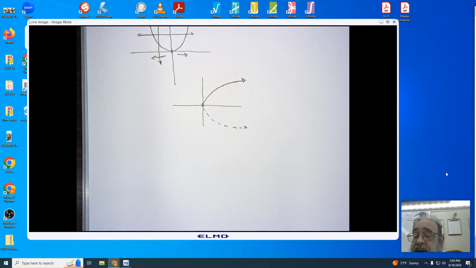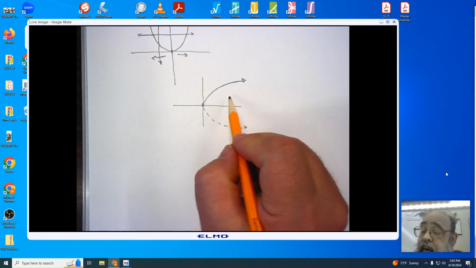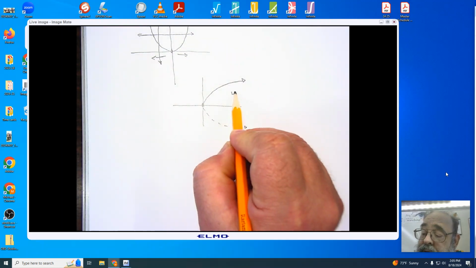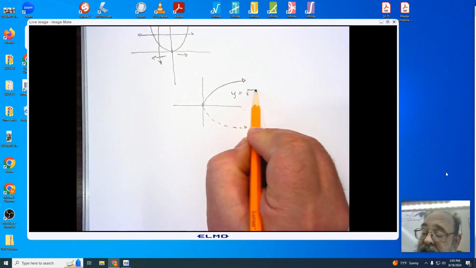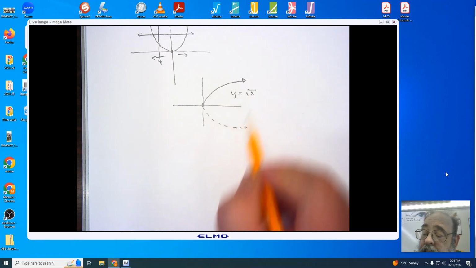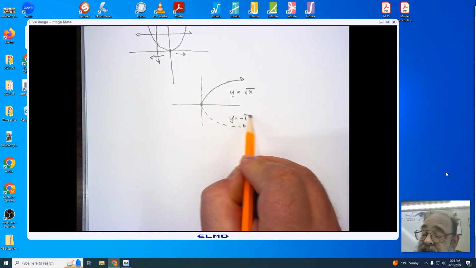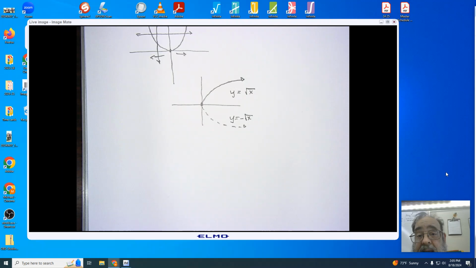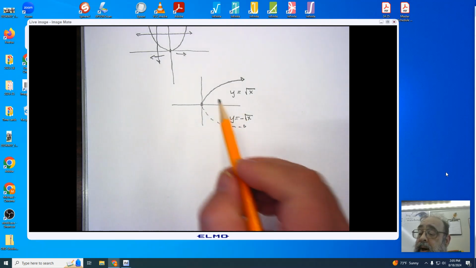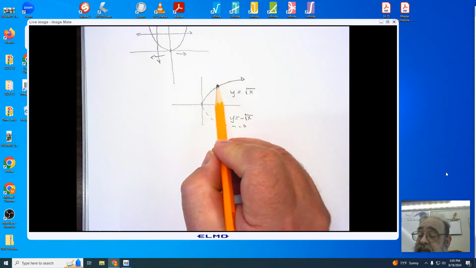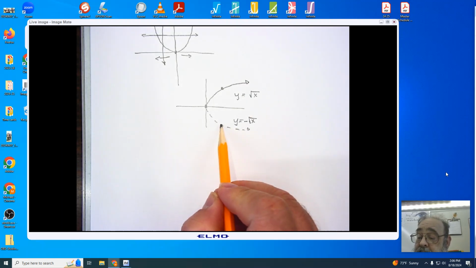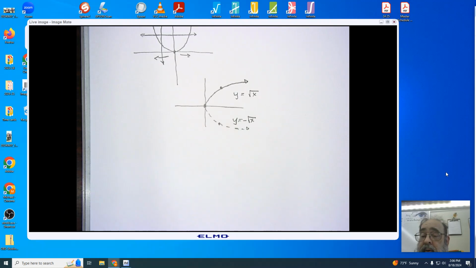And when we do this, we create different functions. For example, this top function turns out to be a square root function, whereas this bottom is the negative square root. And in calculus, there are going to be questions that you're going to have to check the initial condition, the point that they gave you at the beginning, because that point could be in the positive square root function or the negative square root function.